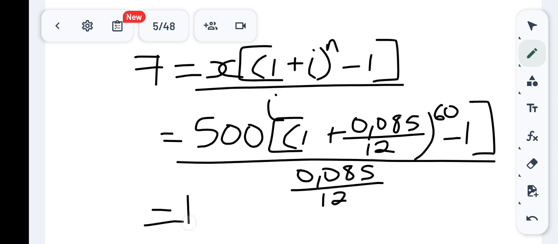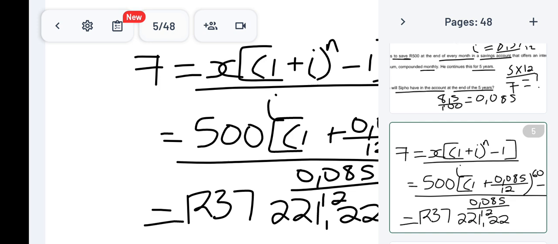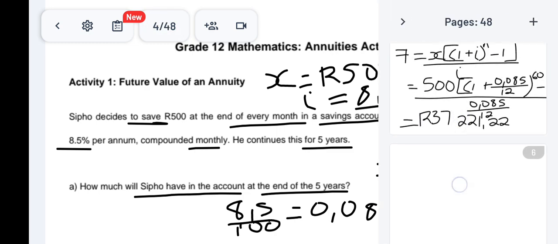That is 37,221.22 cents. So this is the amount that Sipho will have in the account at the end of the 5 years. Okay, so let's move to present annuity.